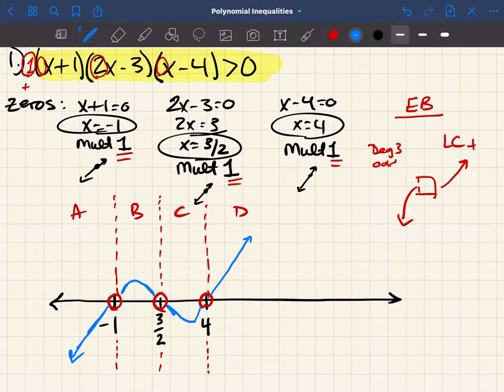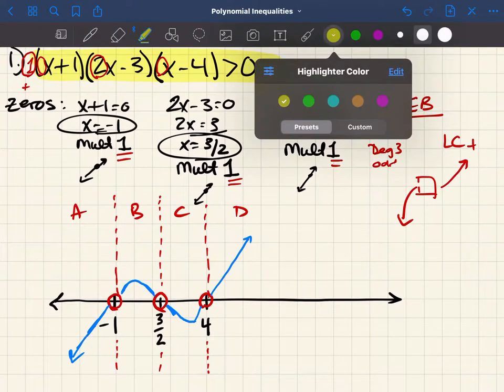All right, so now we're looking for the sections that satisfy our inequality. So going back up to our inequality, we see that we're looking for values that are greater than 0. So which x values produce an output greater than 0?